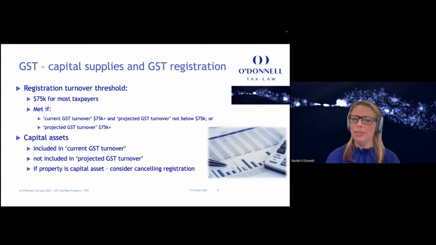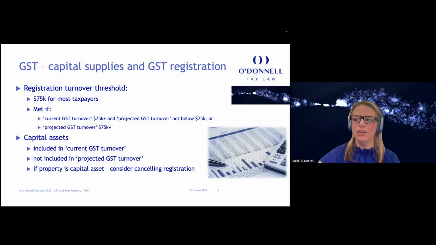So where that gets us to is the projected GST turnover is actually the more important aspect. The reason we've got that first bullet point is it allows for circumstances where the Commissioner has to be satisfied as to the projected turnover.